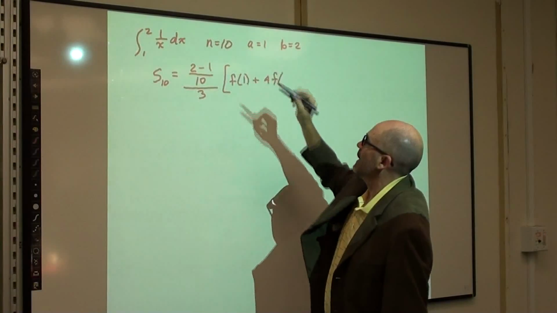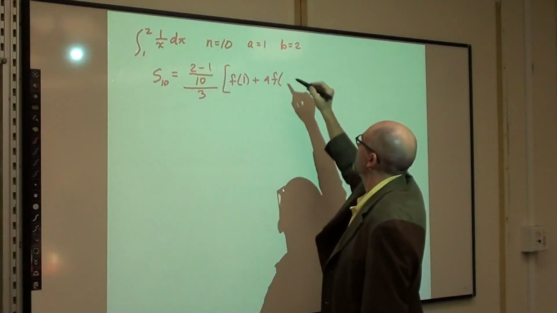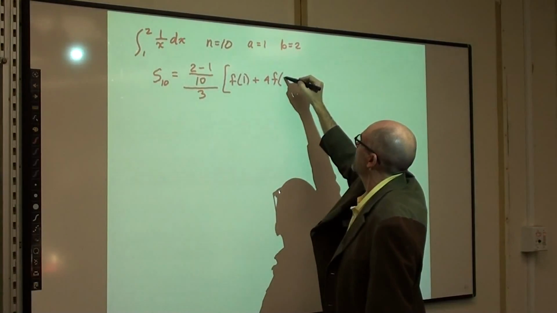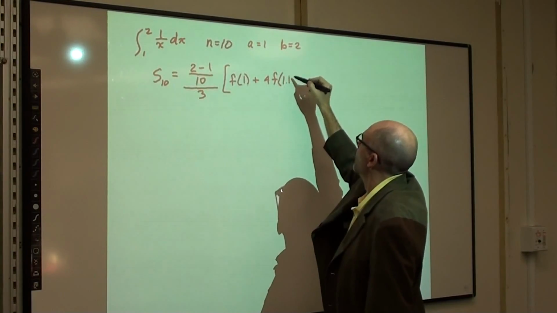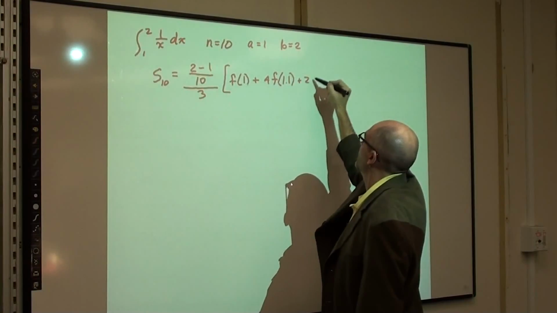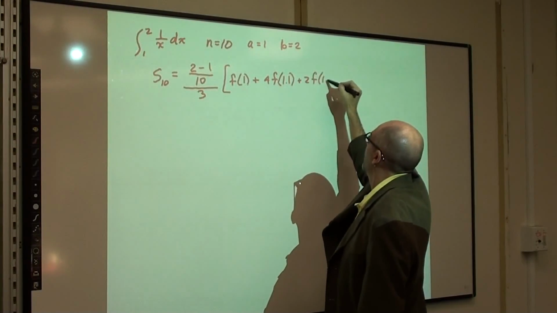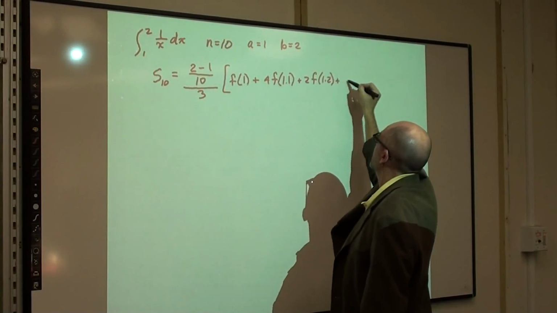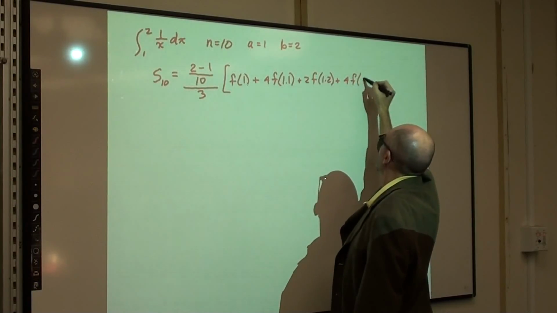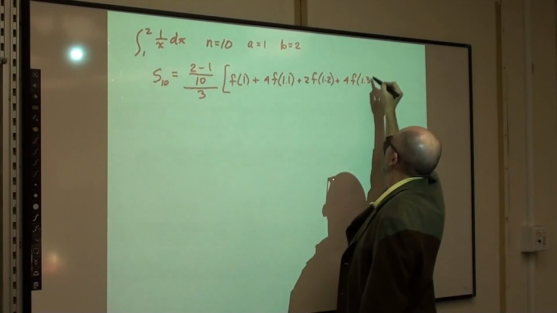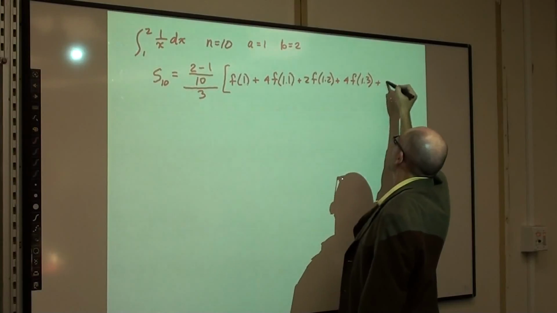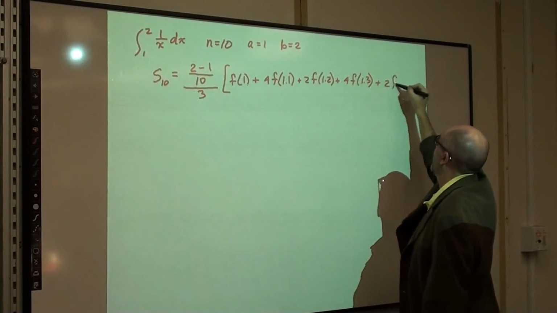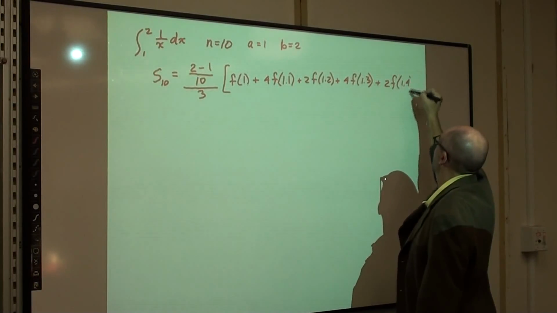Each rectangle is 1/10 wide. So f of x sub 1 is 1.1, plus 2 f of 1.2, plus 4 f of 1.3, plus 2 f of 1.4.